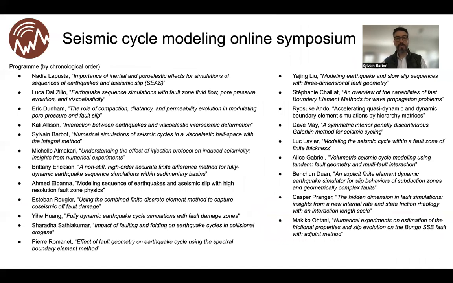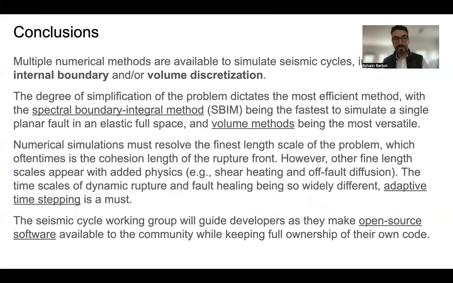So to conclude, there is a number of numerical methods that are available to simulate seismic cycles, including methods based on the discretization of the faults themselves or discretization of the volume that surrounds them.